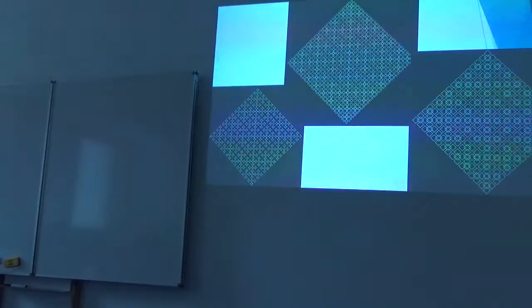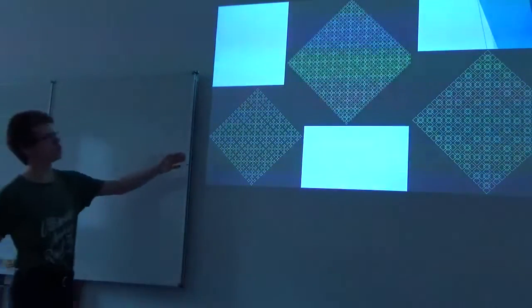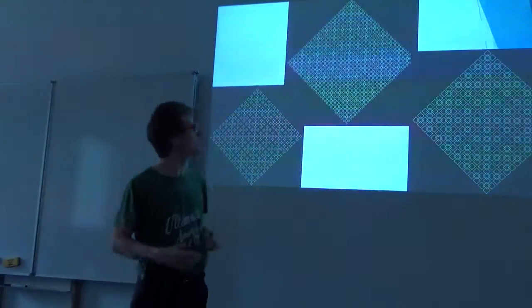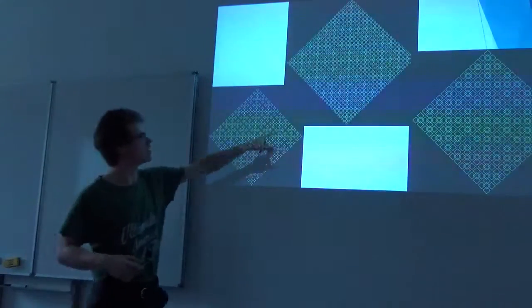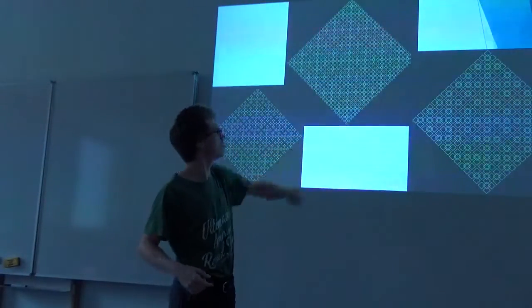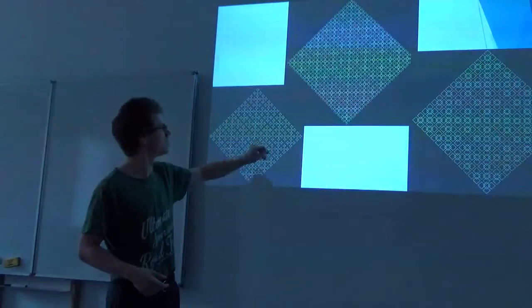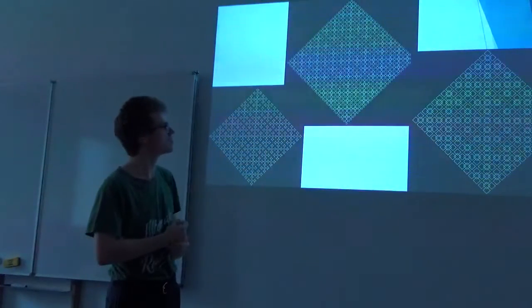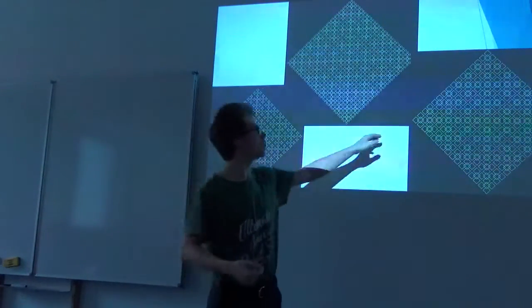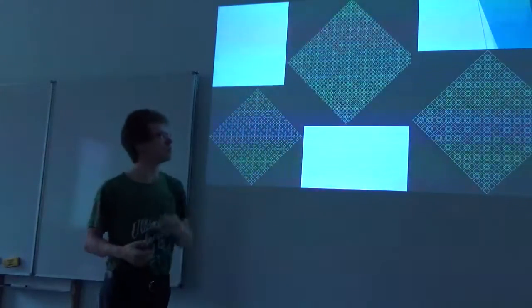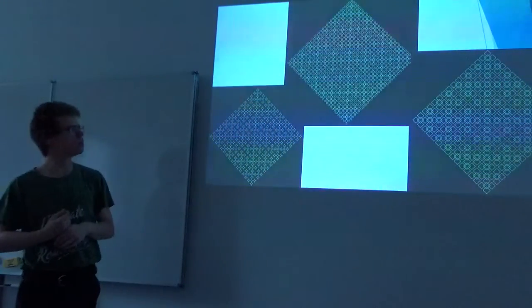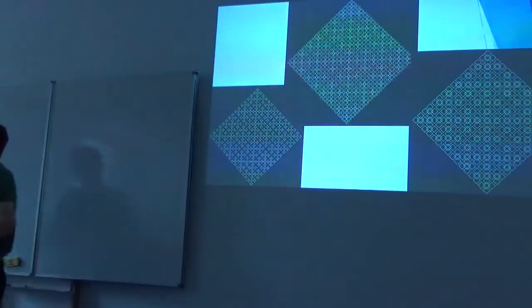Here is another example of Kolam, and here is the modification, here and here, where we add another circle between two lines, between the connections of them, or replace the shape with another.